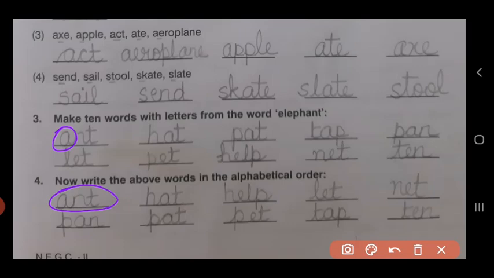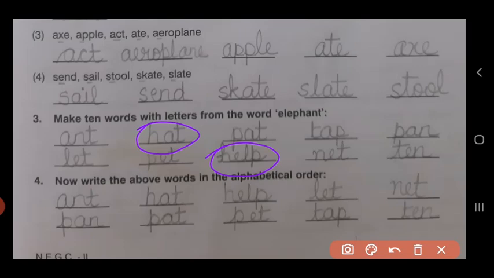I don't have anything with B, C, D, E and F. My next letter after F is G and I don't have any word with G. Then comes H. Here I have hat and help, both starting with the letter H. So now what I will do, I will not look at the first letter.